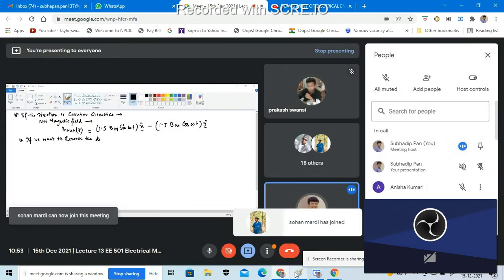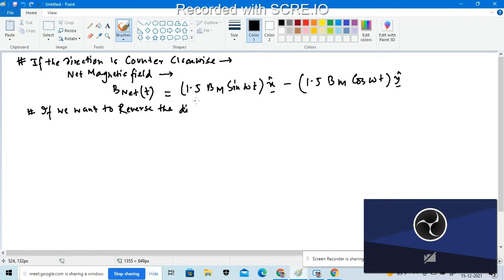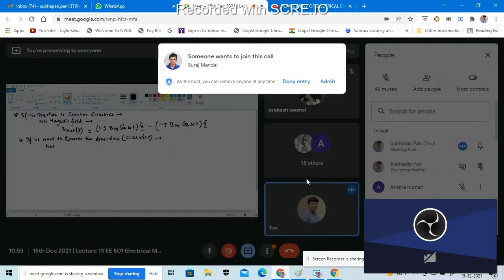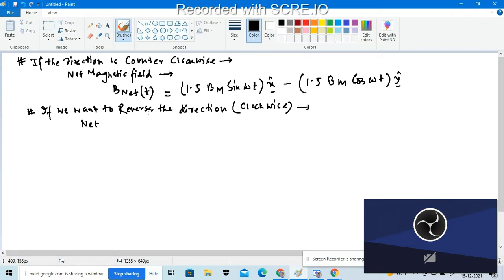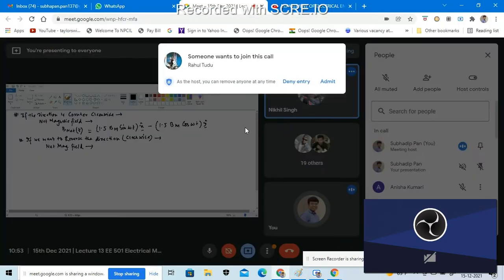if I want to reverse the direction, that means the rotation should be clockwise. For that case, what will be my net magnetic field? This is plus.